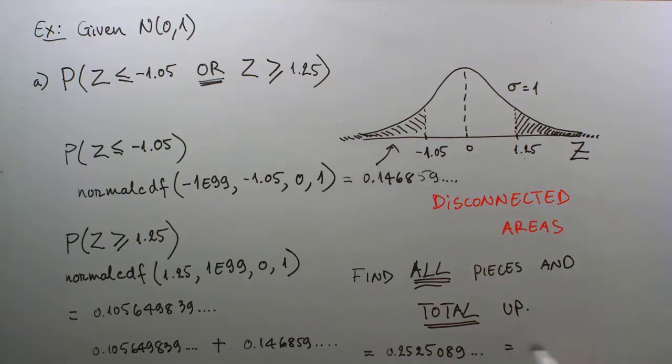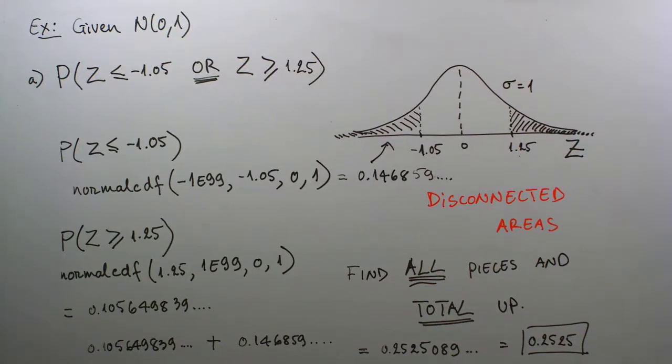And in 4 decimal places, I round it down to 0.2525. And if the problem is asking for a percentage as the final answer, then this answer is understood as 25.25%.